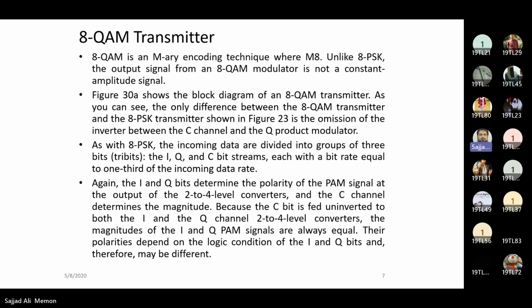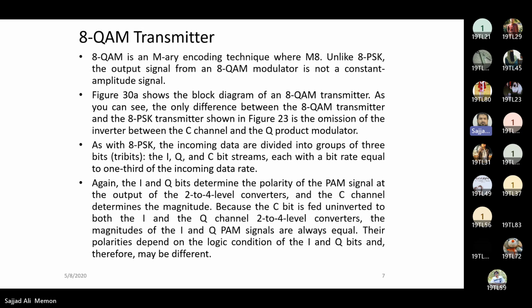So as you can see, the only difference between the 8QAM transmitter and the 8PSK transmitter shown in figure 23 is the omission of the inverter between the C channel and the Q product modulator. If you go back and see figure 23, there the C channel used an inverter output. Here we don't have any inverter for the C control channel.